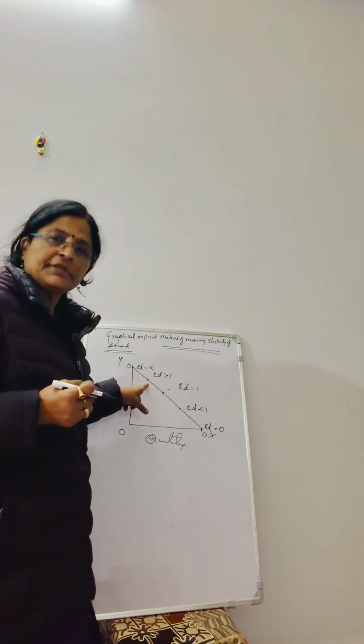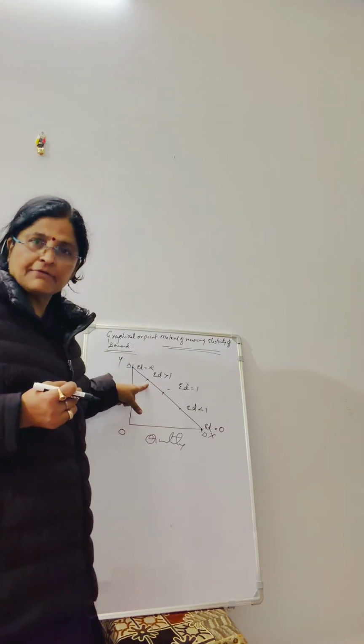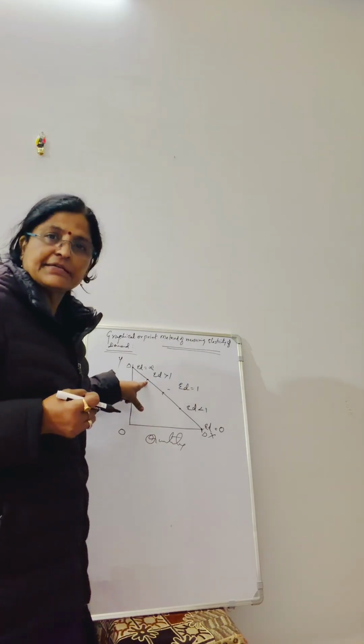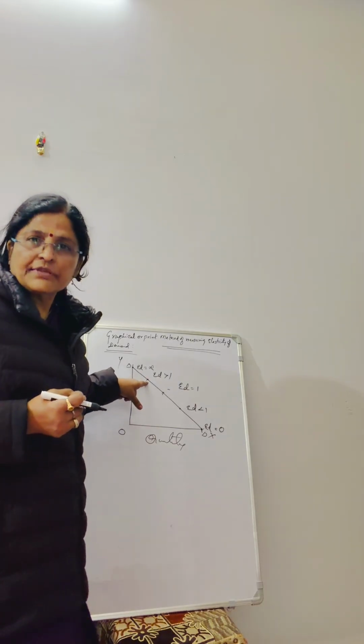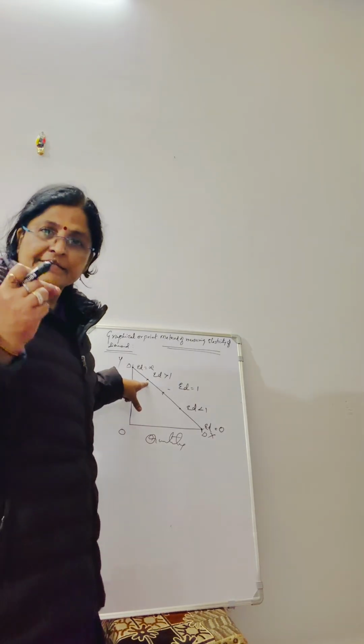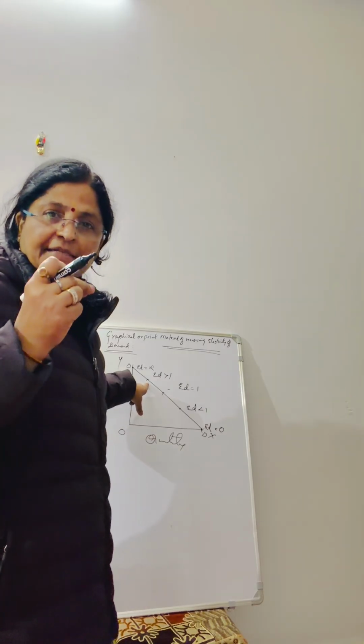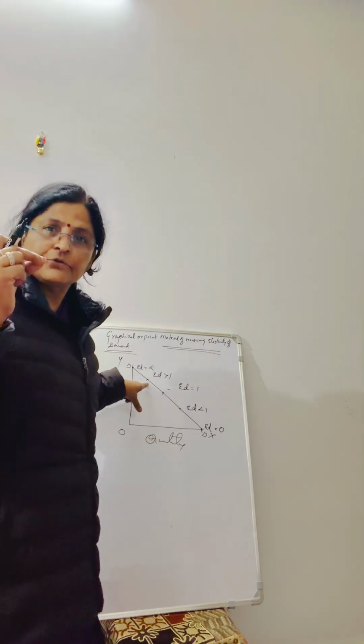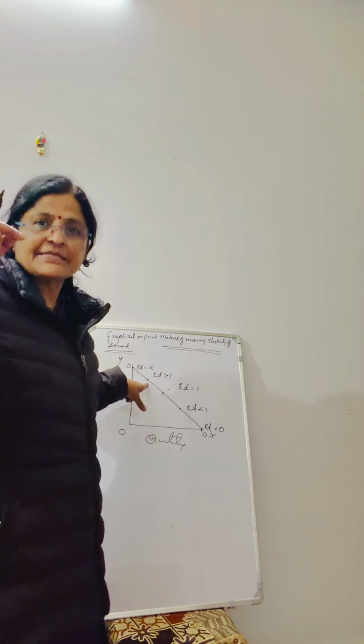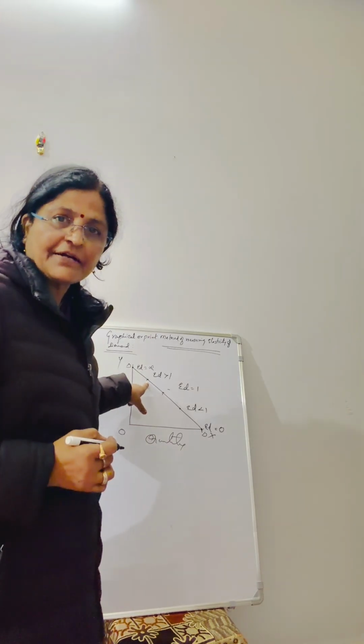And when we go in the upward direction towards the y-axis, you see here the ED is more than 1, where a decrease in the price of the commodity by 10% leads to a 50% increase in the demand of the commodity.